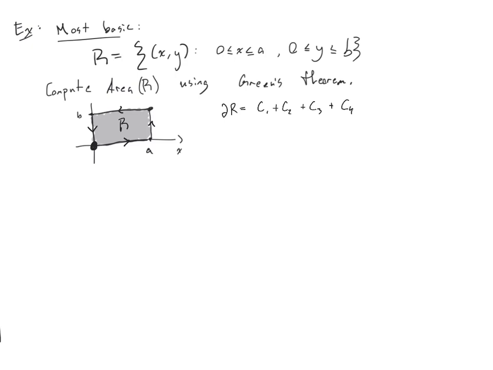Let's parameterize this one using P1, this one using P2, we'll use P3 for this one, and P4 for this one. So we're going to traverse each of these edges using different parameterizations.